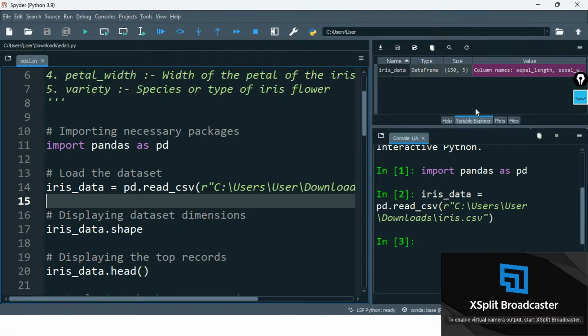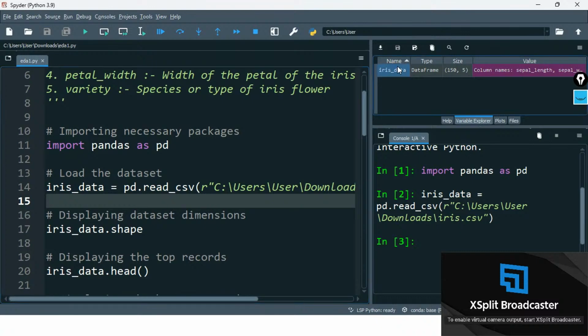If you observe the variable explorer, iris_data is the variable name. What is the type of iris_data? It is a data frame, a two-dimensional object which has both rows and columns, 150 rows and 5 columns.